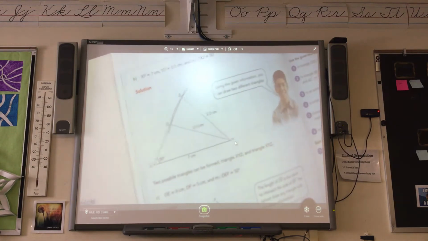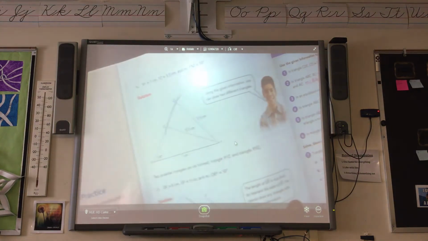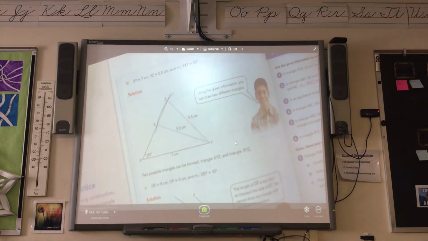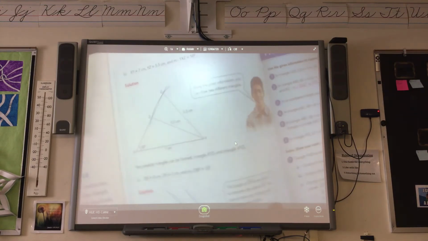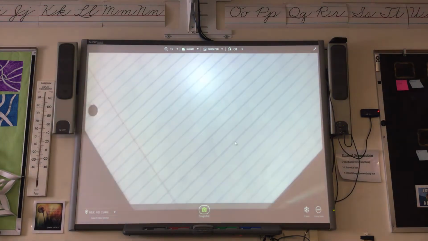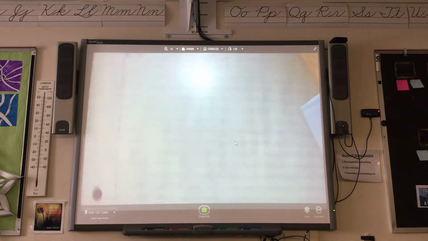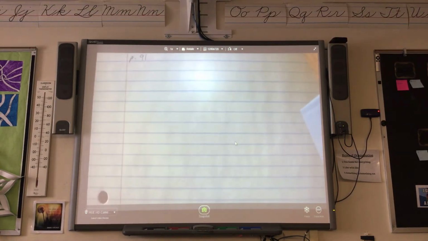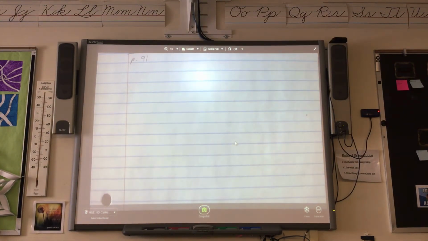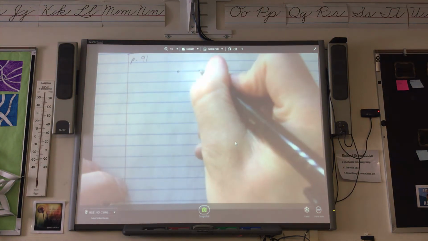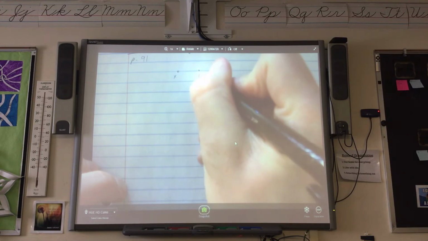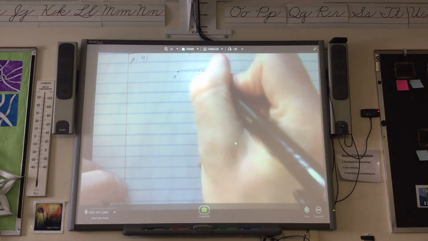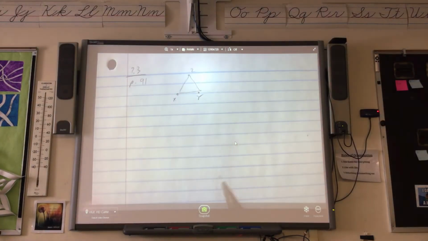So B, we're going to make this one ourselves. So X, Y, Z. And then you can look at that. I'm going to write it down on my paper here. I'm just going to draw a little sketch triangle first, X, Y, and Z. Obviously, the one that I have is not going to be an actual equilateral triangle.